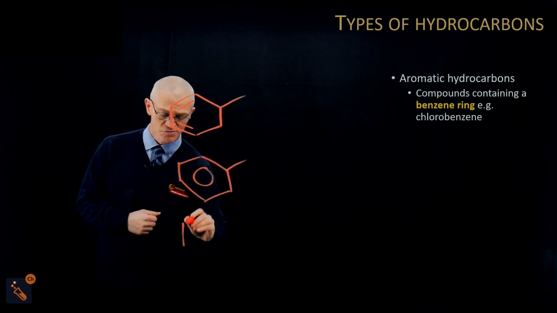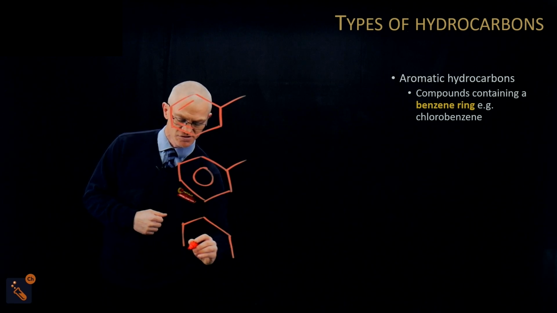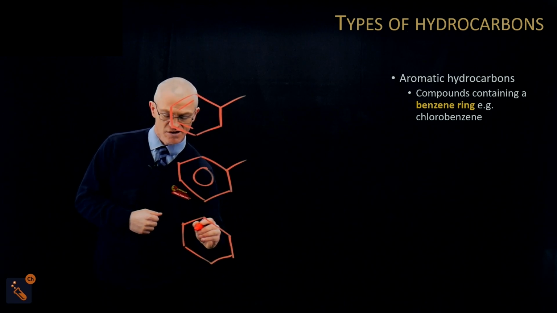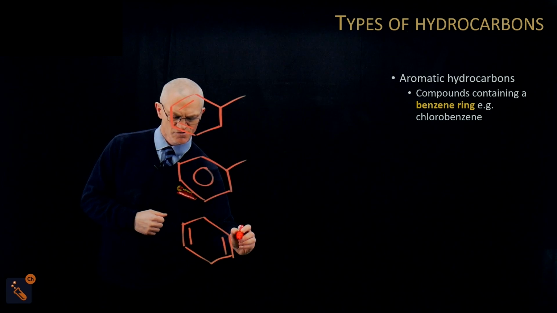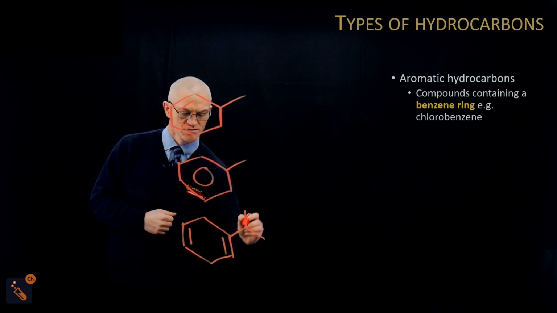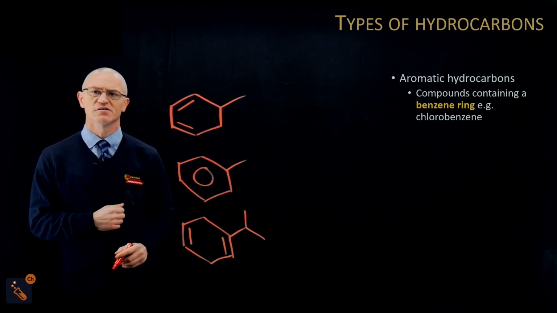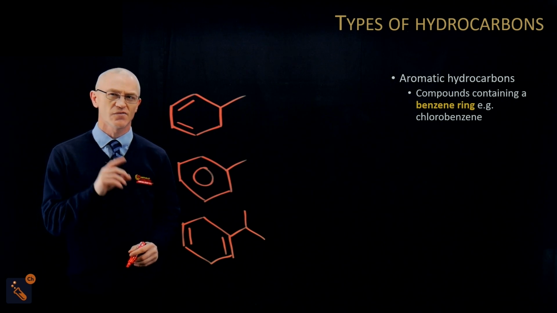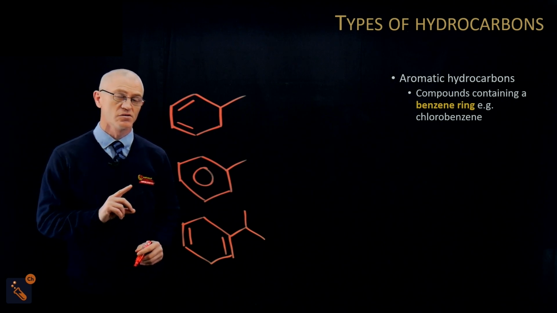So I've got some examples right in front of you right now, and I want you to look at those and start thinking, right, okay, are those aromatic? Are they not aromatic? Which one's which? Have a look, stop the video and write down what you think.